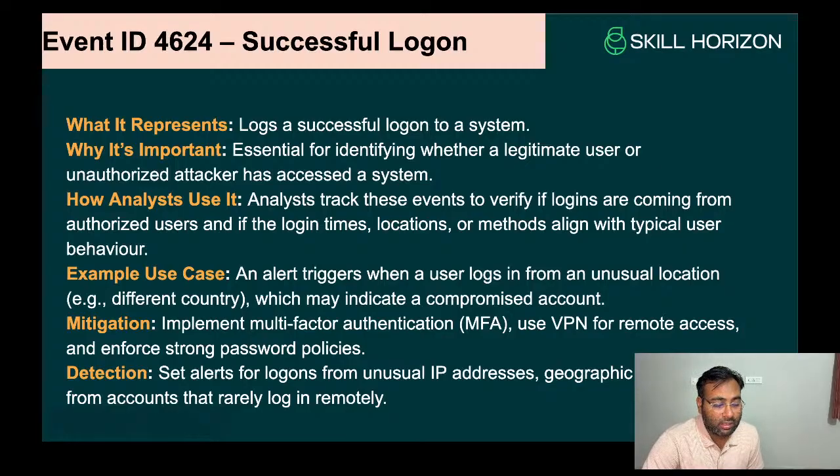Similarly in Windows, when suspicious login activity is detected, the log is created and an alert triggered. Suppose the login is from a different country, which may indicate a compromised account. That means your Windows operating system may be compromised, because the login activity you monitored through logs shows the location is not yours, it is an unusual location.